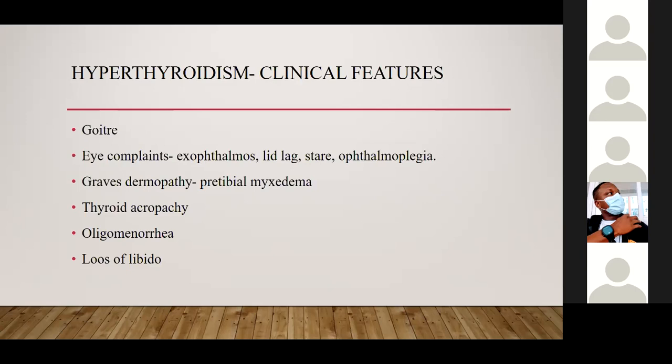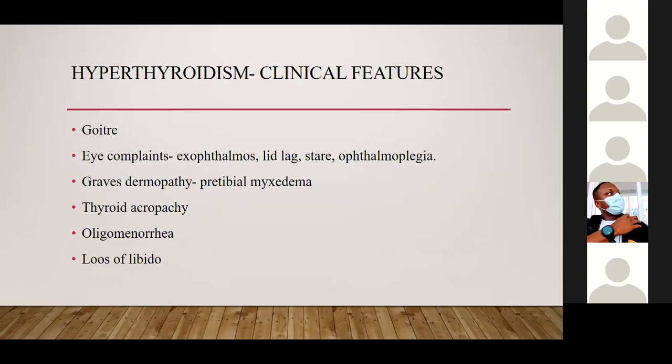And then they have a lid lag. The eyelid is always lagging behind because the eye is popping out. Then they have what we call ophthalmoplegia, because the muscles moving the eye become infiltrated and paralyzed. Then they can also develop what we call Graves' dermopathy. So in front of their shin, it looks a little bit puffy.